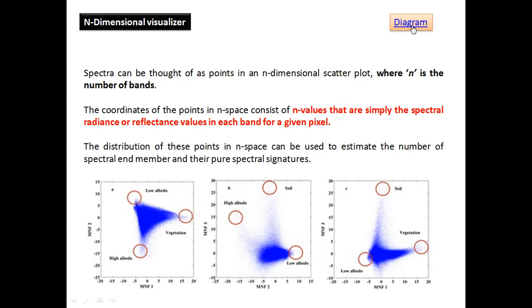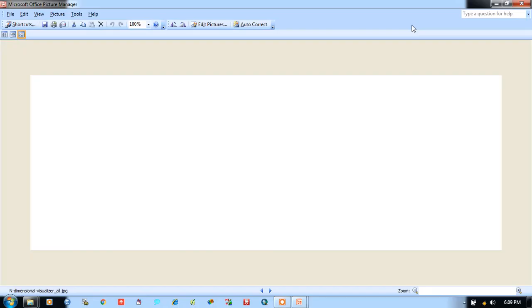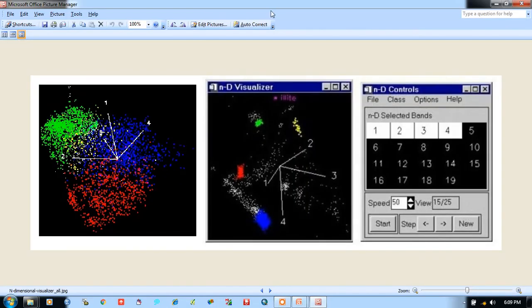So if I show you another diagram, these are the actual view of the n-dimensional visualization. Here these are the n dimensions, meaning the bands, and these are the plots.